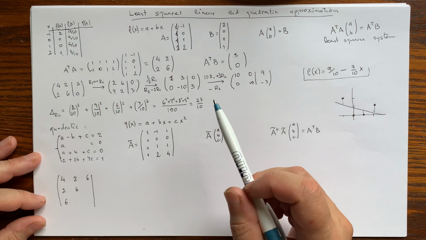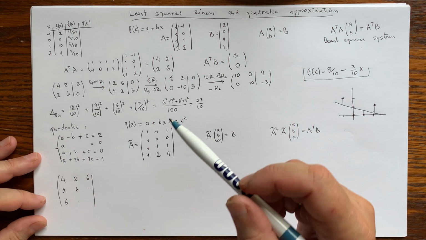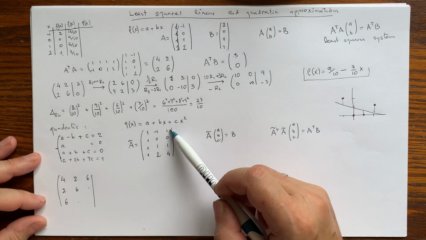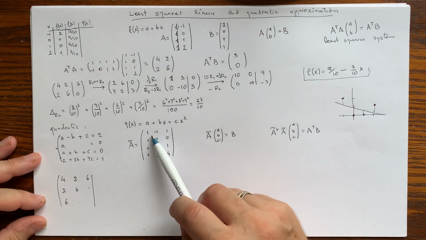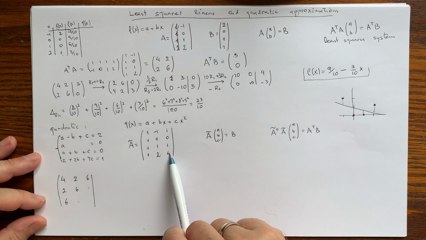Because in terms of our data, here we have just the sum of ones, here we have the sum of x's, here we have the sum of squares of x's. In the next line, it's easy to guess what we're going to have, the sum of cubes of x's. That will be the sum of products of the two columns, and will be -1, +1, and then 8.